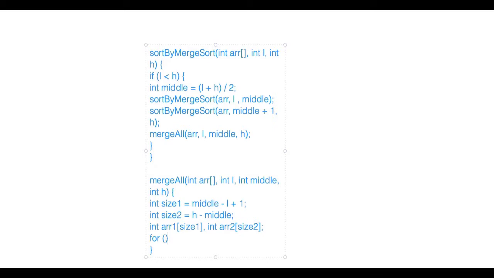Let's move to that line. Is it okay if I continue from here? What we will do is first fill the array. We'll say int i equal to 0, i less than size 1, i plus plus.